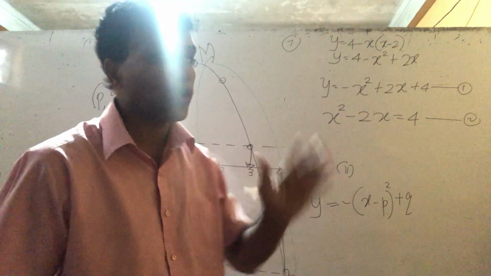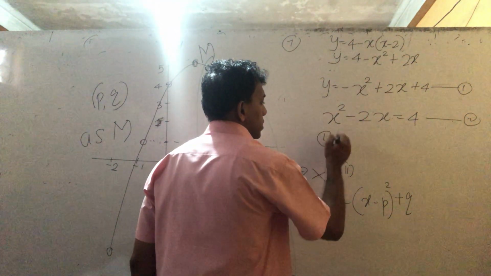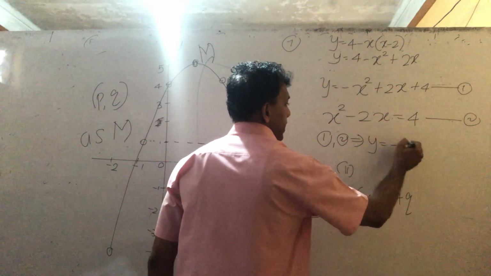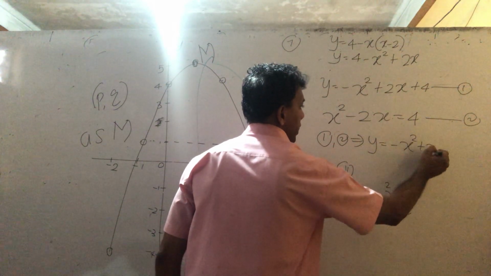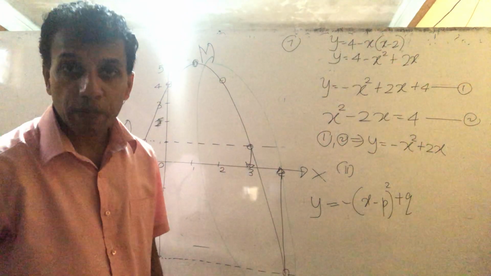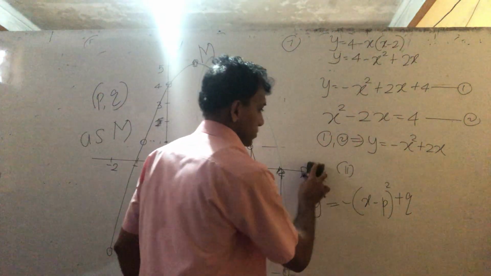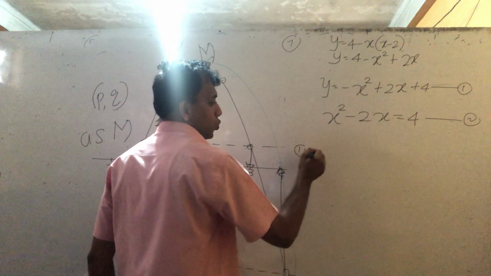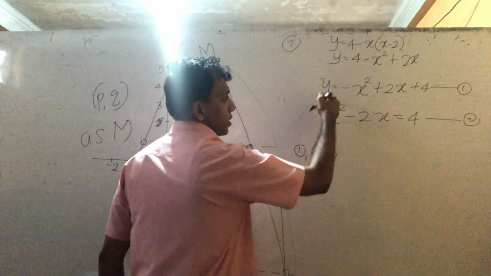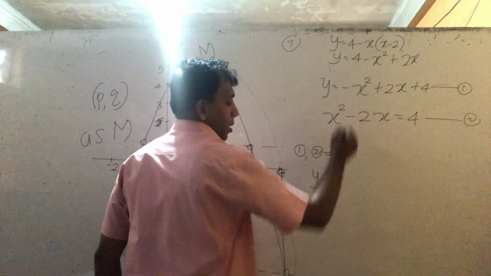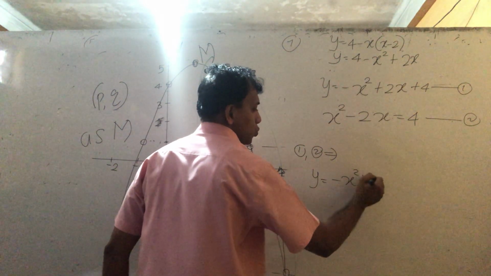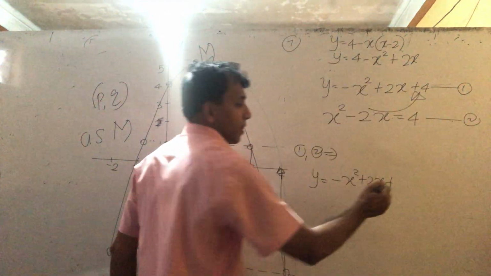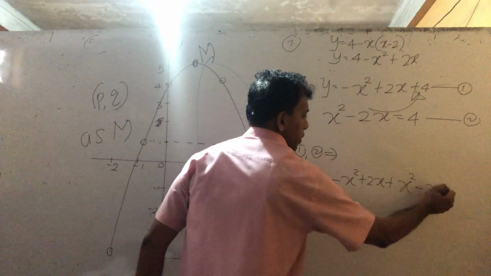The idea is to remove the x square. So 1, 2, here y equals minus x square plus 2x. Connect the 1, 2. Here y equal minus x square plus 2x plus, what is 4? 4 is this, x square minus 2x.